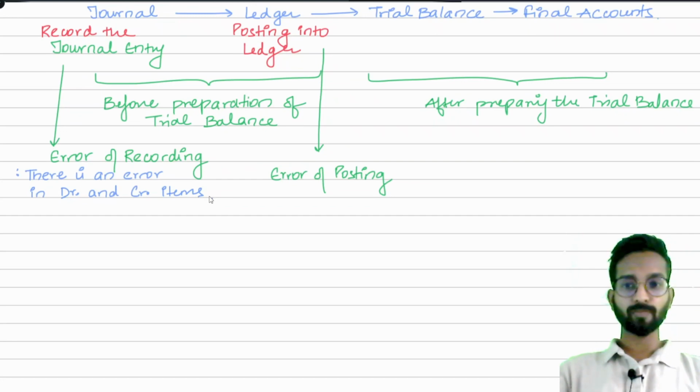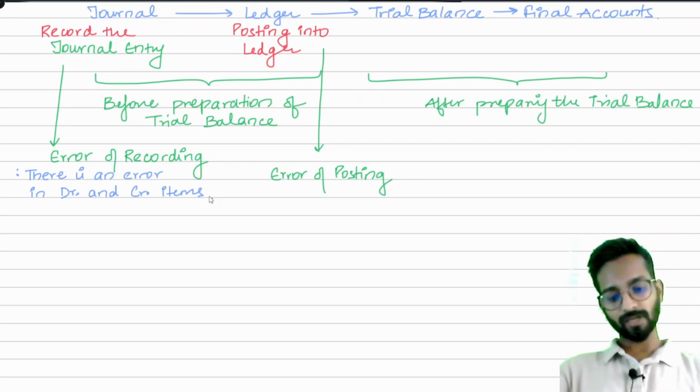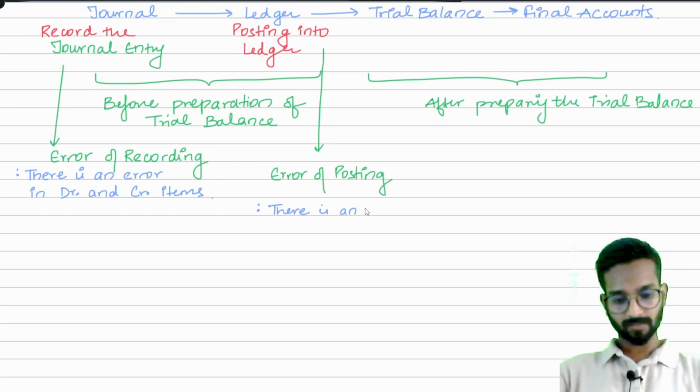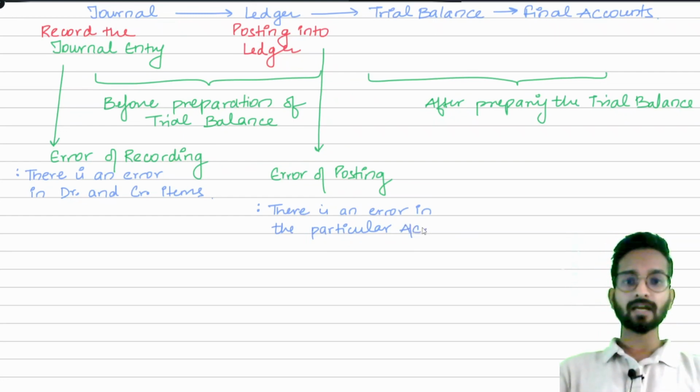Because while recording you pass the journal entry, one account is debited, another is credited. So there is definitely an error in debit and credit items, both of the items. Okay. In error of posting, what happens? There is an error in the particular account. Whichever account they are saying, there is an error.